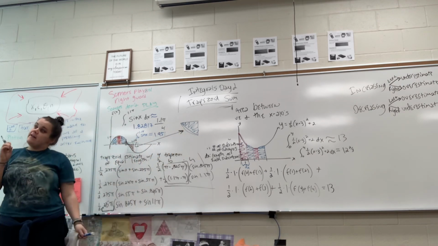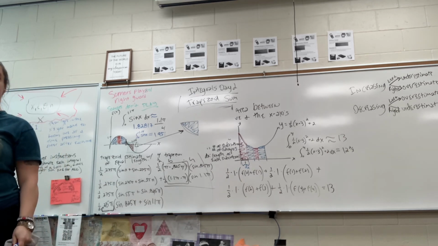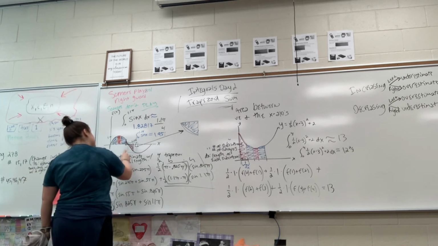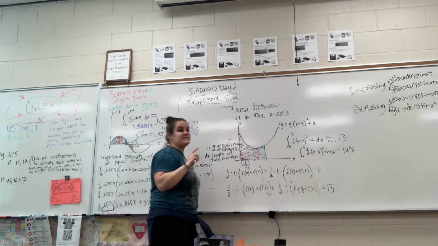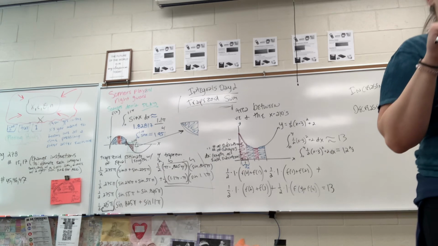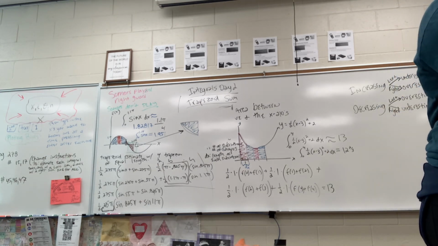Notice how the triangle is a smaller area than the actual shape. Do you agree? So that might make you think, because this is concave up, that it's an underestimate, because the triangle is a smaller area, right? But here's where you need to be careful with your negatives.